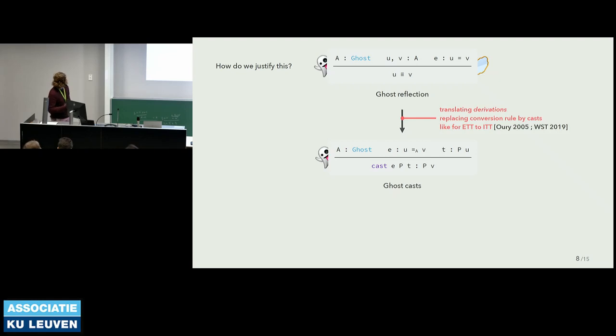Okay, and then I can do a translation of every derivation where I replace every use of the conversion rule by a cast, which is something that I've done and other people have done. Like Nicolas Tabareau, to go from extensional type theory to intentional type theory, except now it's much easier. The proof is really just one file in Coq, and it works because I have this extra property that casts are ignored for conversion.